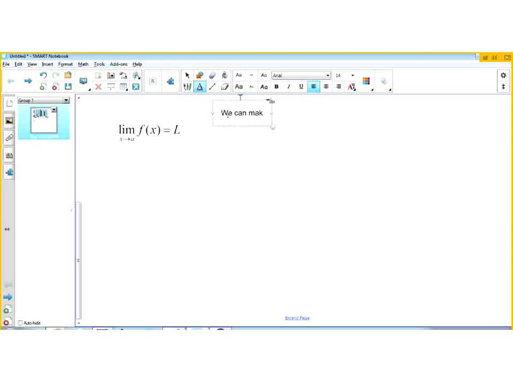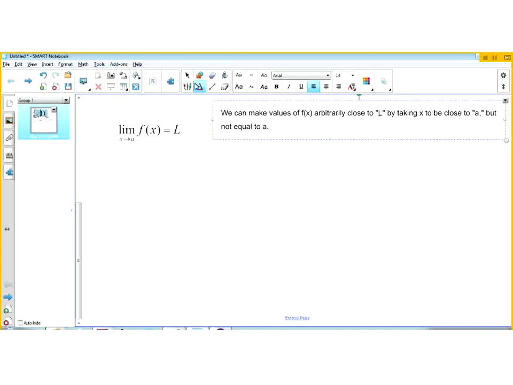We can make values of f of x arbitrarily close to L by taking x to be close to a, but not equal to a.